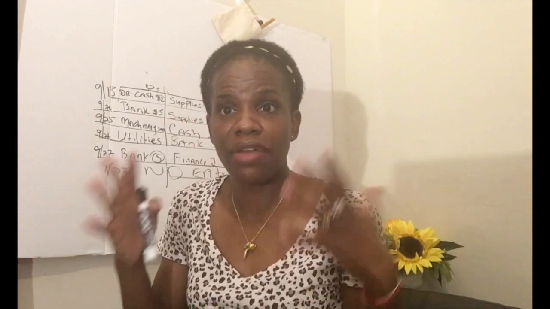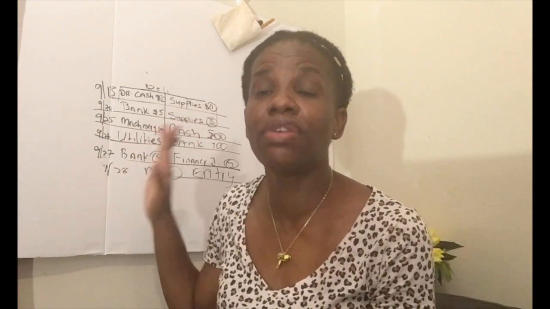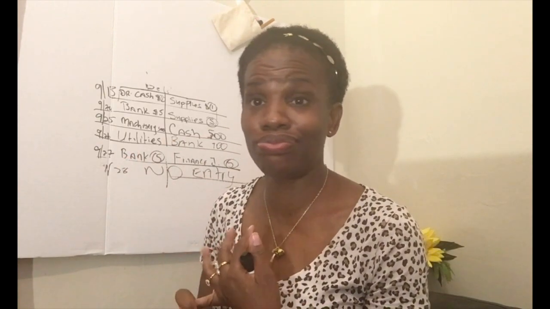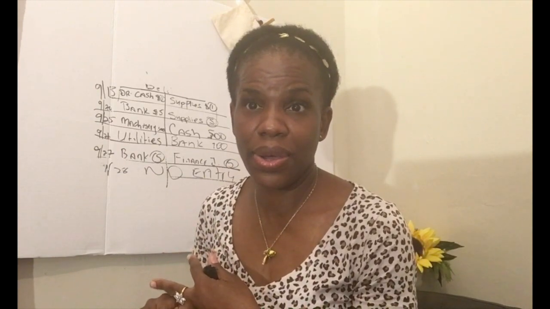So sometimes you have to stop and think about it and say, was this a transaction? And was it a transaction that impacts anything? So me applying for a bank loan is a no entry because I didn't get any money. There was no receiver to receive and there was no giver to give. Okay? Does that make sense? So make sure you understand there will be little tips and tricks that are on there.